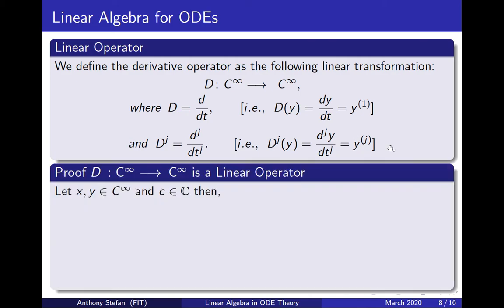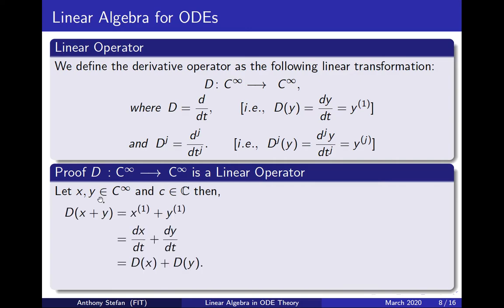So I stated that this was a linear operator. Then we must prove that D from C infinity to C infinity is linear. To show this, we only have to show scalar multiplication and addition. Let x and y be in C infinity, and c be a complex scalar.